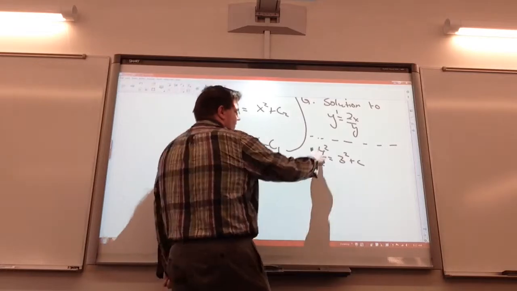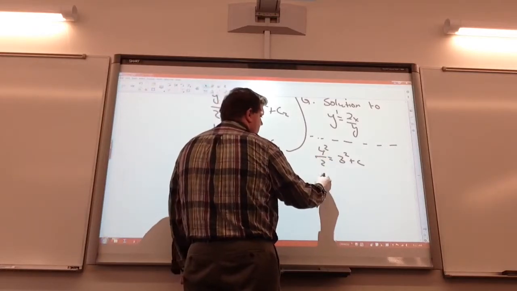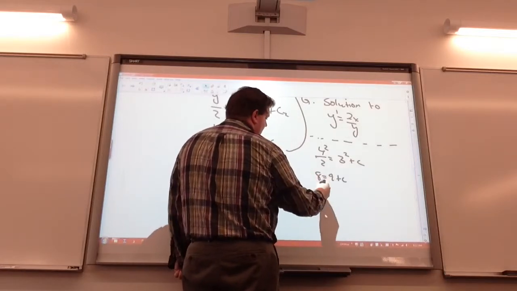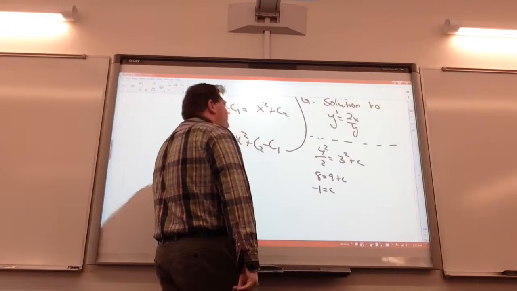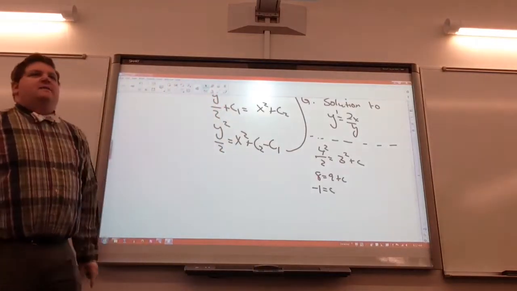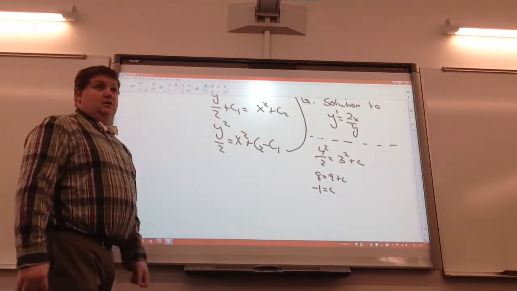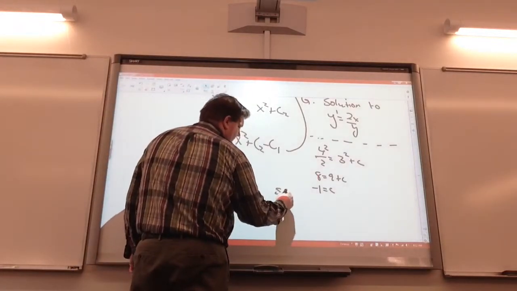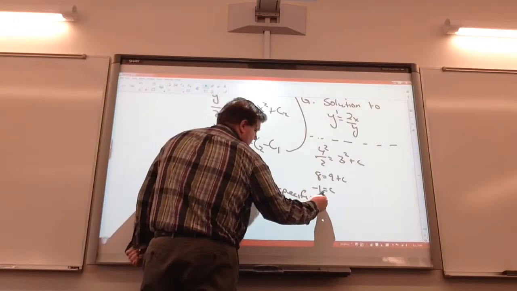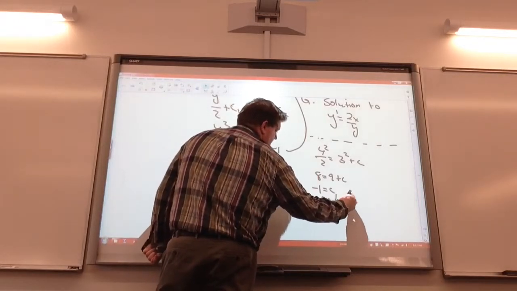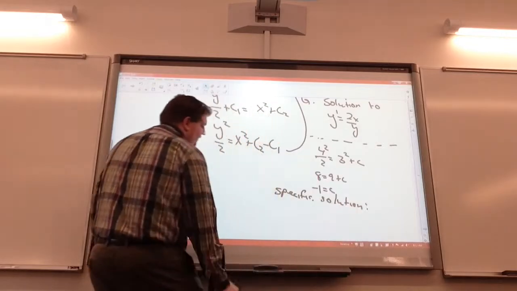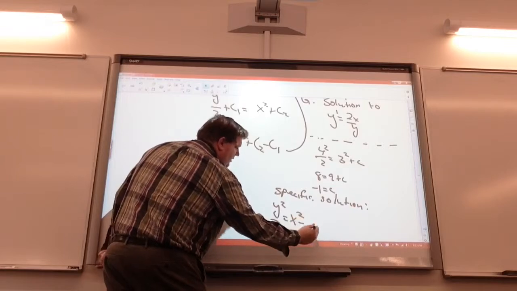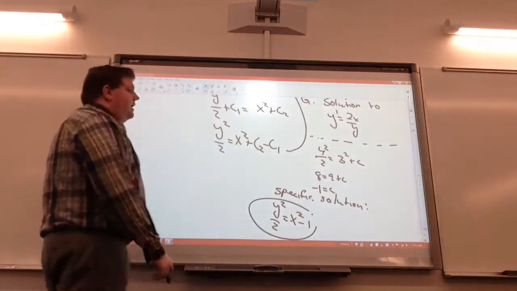So it's 16 over 2, which is 8, equals 9 plus C. So we're going to have -1 is equal to C. So we figured out what C was, but that means our specific solution, when x was 3 and y was 4 for this particular problem, would be y squared over 2 equals x squared minus 1 under the given conditions, okay?